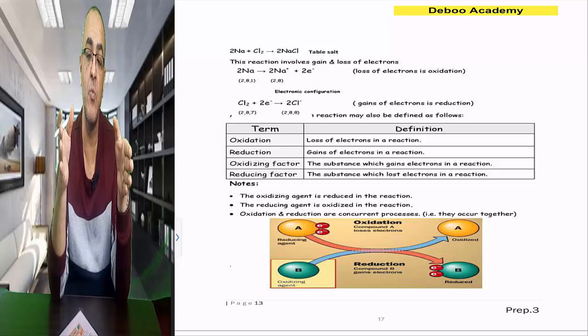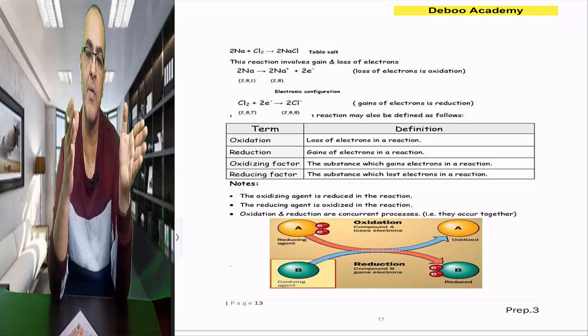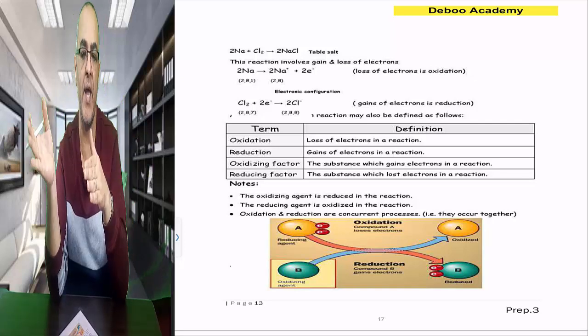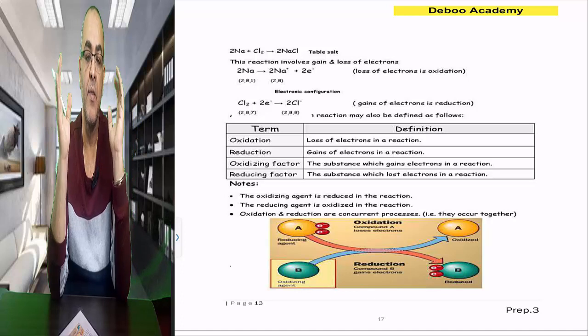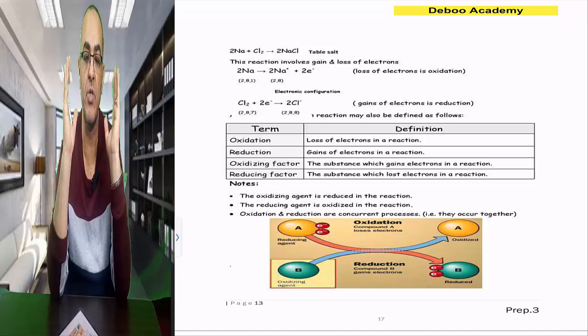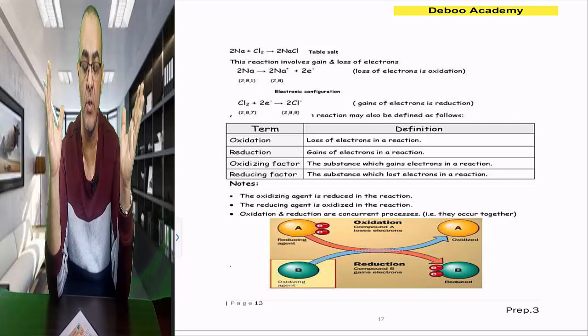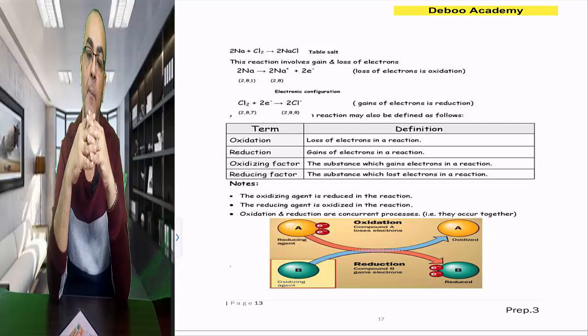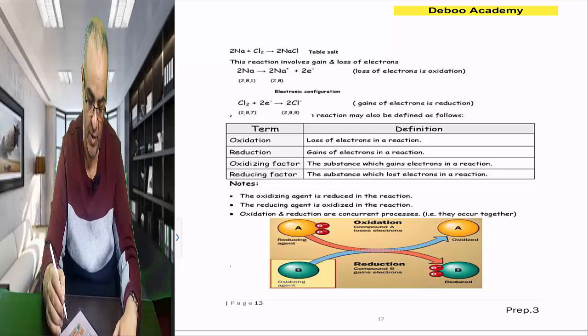The substance to which the oxidation process happens becomes a reducing agent, because it helps another substance to reduce. The substance to which reduction happens becomes an oxidizing agent. This is the conclusion of the past or formal definition of oxidation and reduction.